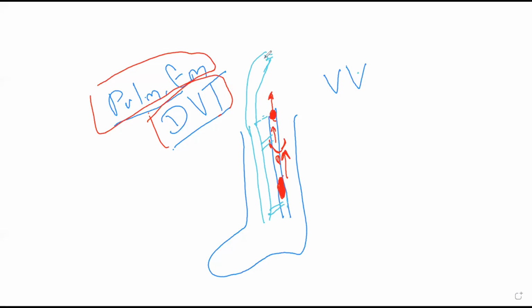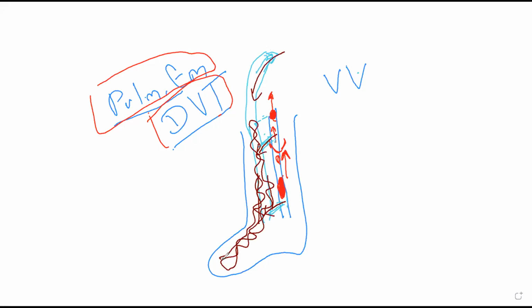Here also you have valves, and it will cause blood flow from the superficial veins to the deep veins. Right? So when these valves are affected, it will cause blood to flow in the other direction to the superficial veins. Right? So then blood will get collected in the superficial veins and it will get dilated and tortuous like this.